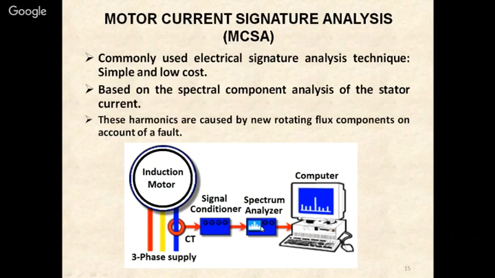Then in the next stage it is fed to a spectrum analyzer. The spectrum analyzer basically computes the FFT or the frequency domain characteristics of the signal. By observing the frequency domain signal characteristics, we can get an idea of the fault which is going to occur in the motor.